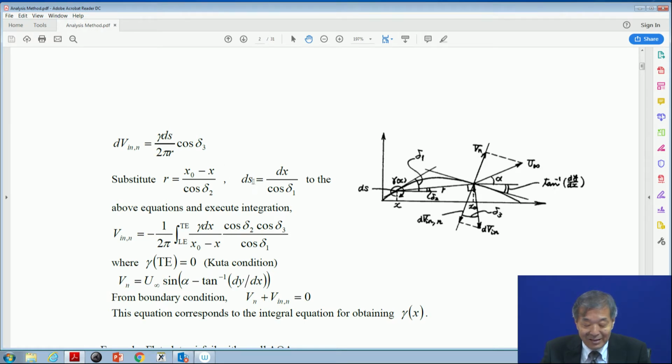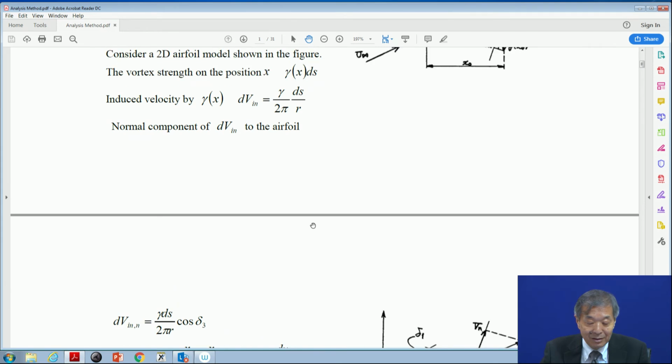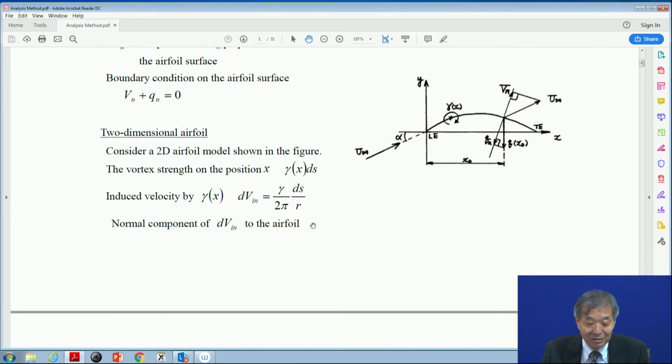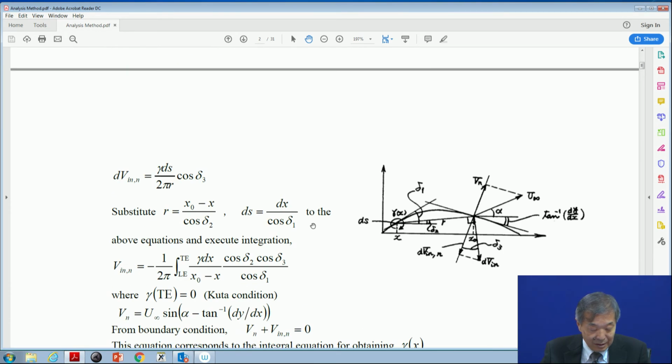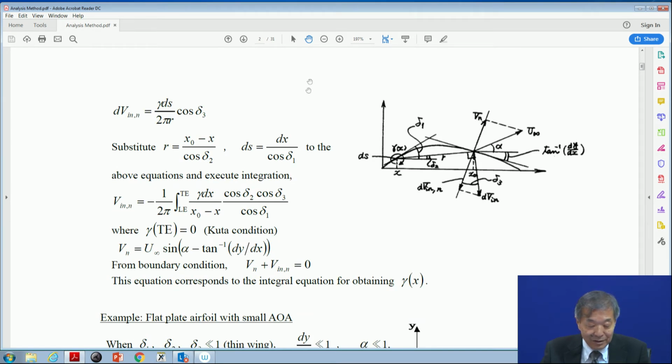And ds is the local coordinate, shown here. So this r and ds are substituted into these expressions, and Vin,n and Vn are calculated like this.